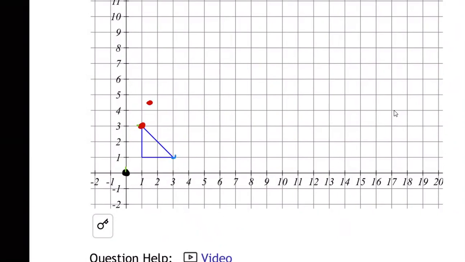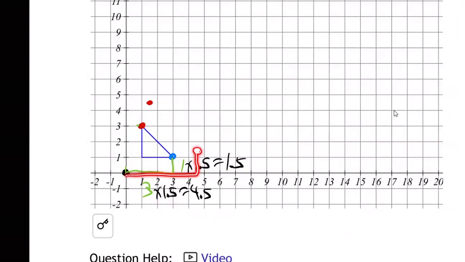I'll just do this one, let's say. So that one is what? Over 3 up 1. And then we multiply each of those by 1.5, which is what 3/2 is. You get 1.5, and again, we get 4.5. Looks familiar. So the new arm is going to go, instead of over 3 up 1, I multiply both those by 1.5. It's going to go over 4.5 up 1.5. It's going to end up right in the middle of that box.